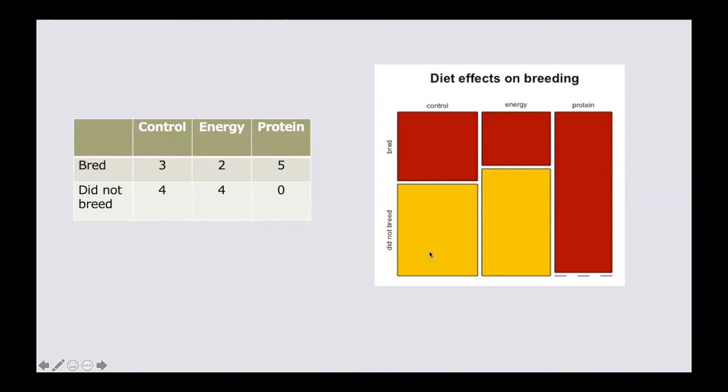So the widths of these columns is relatively similar. But you can see that the relative height of the yellow and red bars is really different across these 3 treatments. The proportion of females that bred on control and energy supplemented study areas was relatively similar, but very different from the protein supplemented population where all of the females bred.